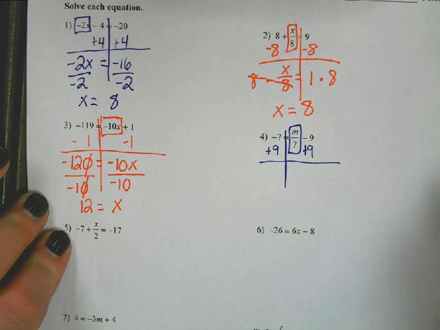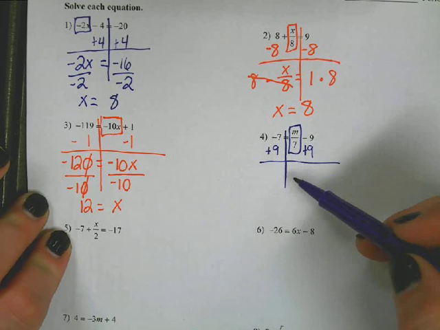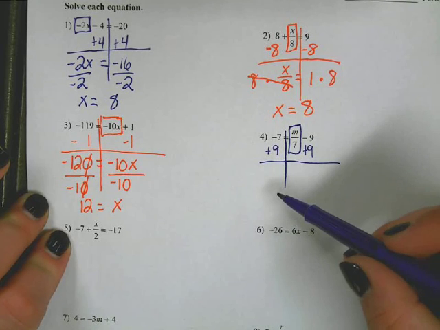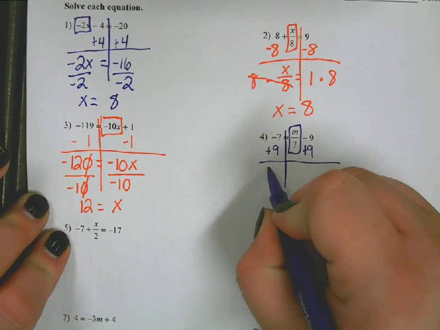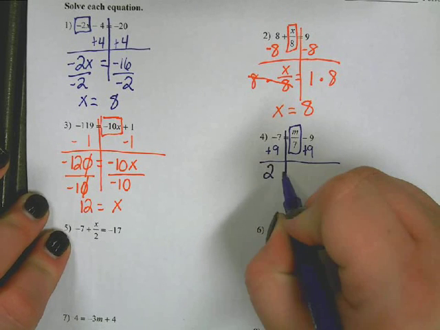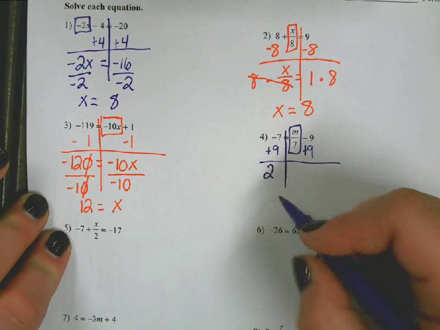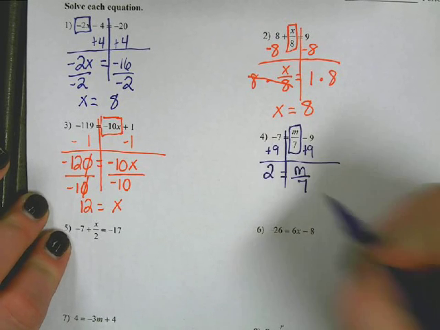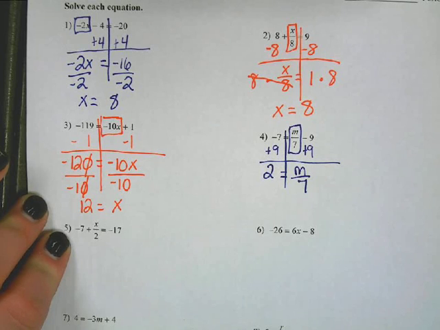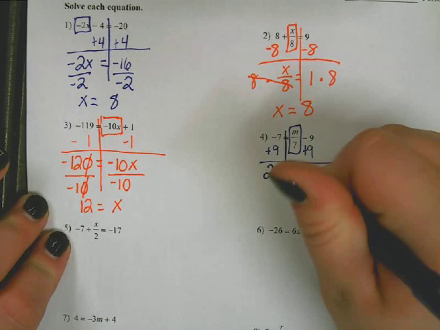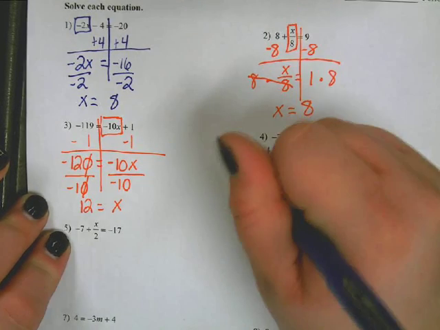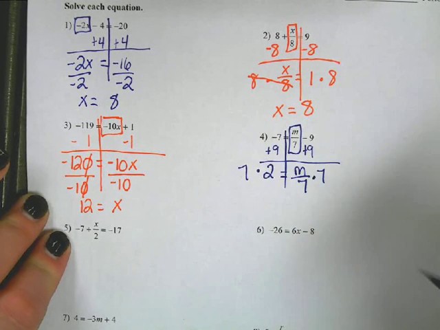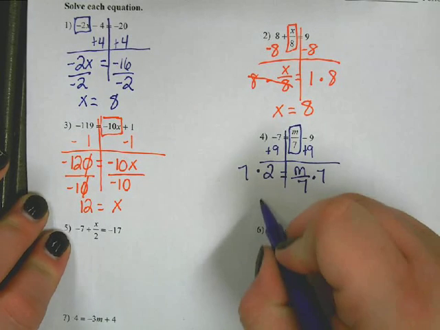Subtract. So 9 minus 7 is 2. Is it a positive 2 or negative 2? Positive, because 9 is larger. So 2 is equal to M divided by 7. Now what? Multiply by 7. So 7 times 2 is 14. So 14 is equal to M.